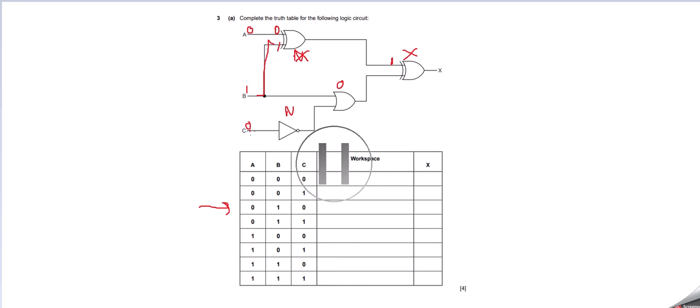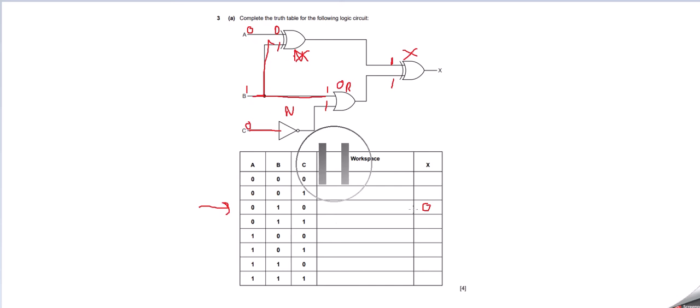We've got C which goes through here, which gives us 1, we've got B which goes to here, which is going to be 1, so both of them go through this OR gate, so I'm going to do O for OR, which is 1. 1 XOR 1 is 0, so that will be a 0.